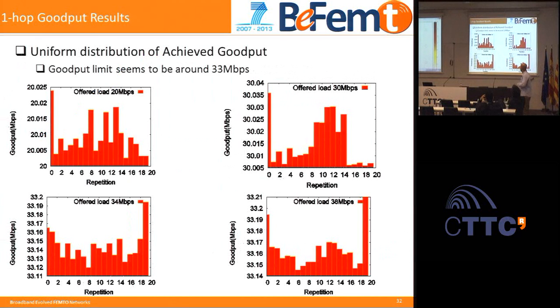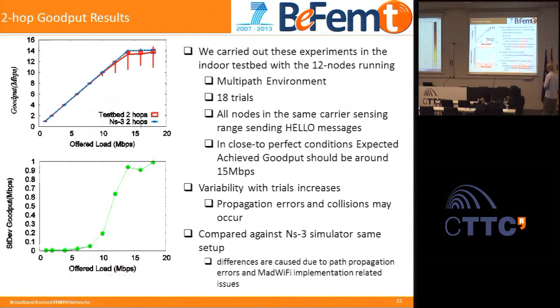These are some statistical experiments, some results that show the statistical variance that we can get at different software loads. We can see the high variability that we can obtain in the testbed. And these are some results we get when we configure 2 hops.